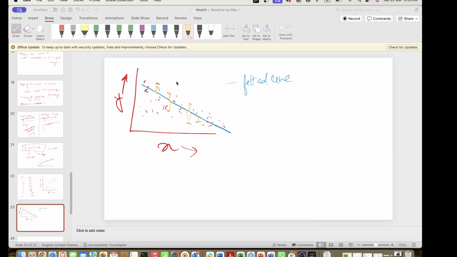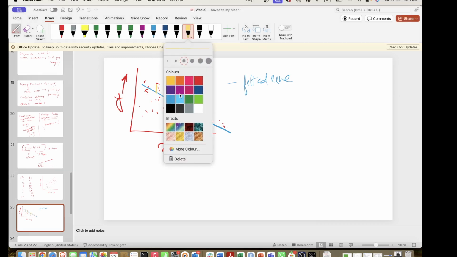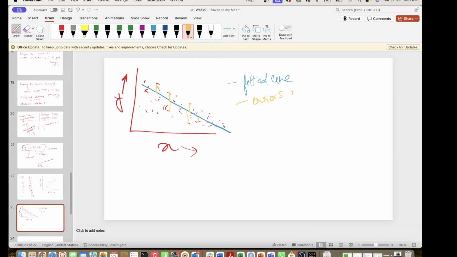These yellow lines are quantifying the errors in fitting.